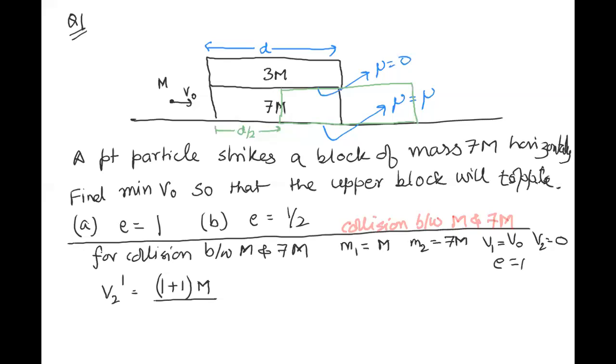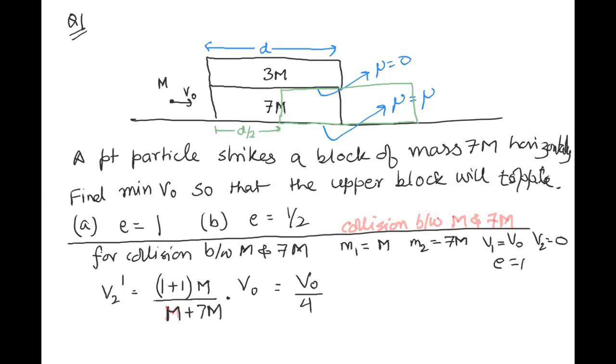So V1 prime is equal to (1 plus E) M1 upon M1 plus M2, into V1. And I have no concern with the rest, because V1 prime doesn't matter, and V2 is already given as 0. So this will be equal to, the 2 and 8 will cancel, V0 by 4.